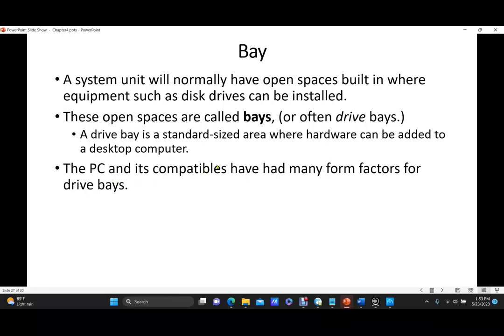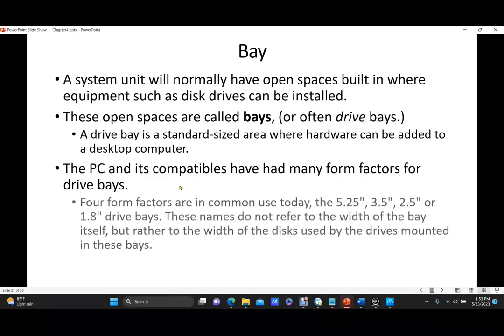PCs and compatibles have several different form factors for drive bays. The most common form factors today are 5¼ inch, 3½ inch, 2½ inch, or 1.8 inch drive bays. These names don't actually describe the width or size of the bay, but they describe the size of a disk that would be used by a drive that could be mounted in the bay.